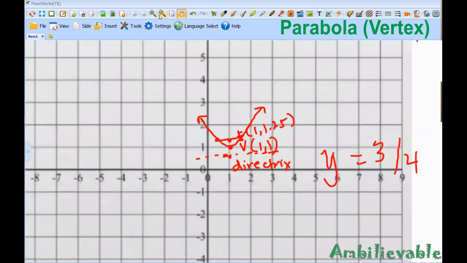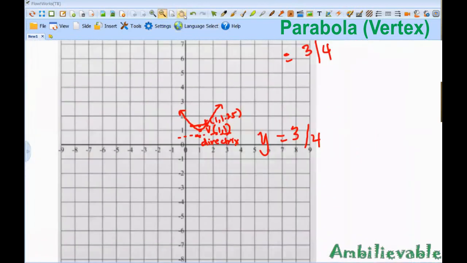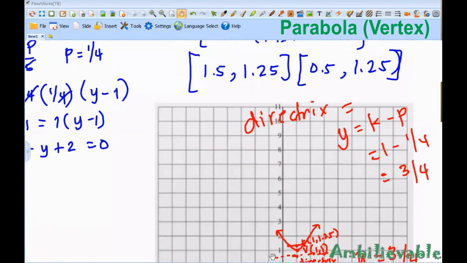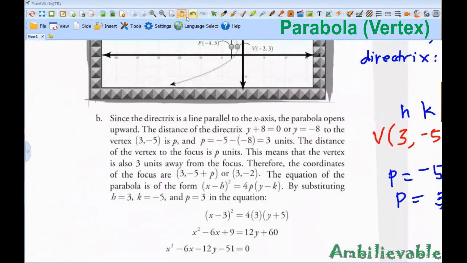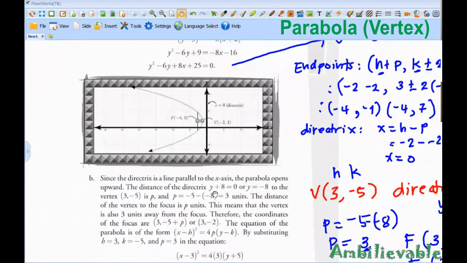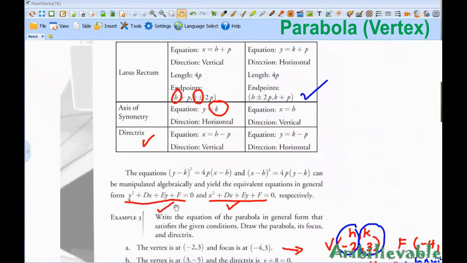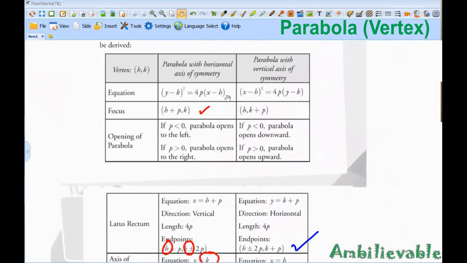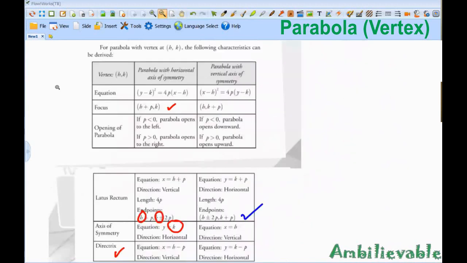But anyway, just have a copy of this on your index card or on your papers, because during the exam it is open formula. So you have to get a copy of this, okay? Because you have the parabola, you have the ellipse, you have the hyperbola, a lot like this. That's why you need to get a copy.